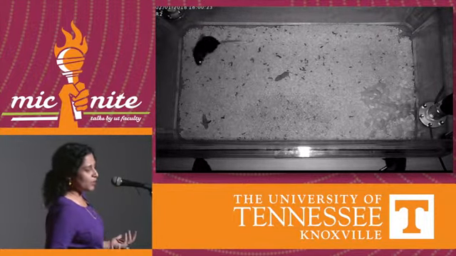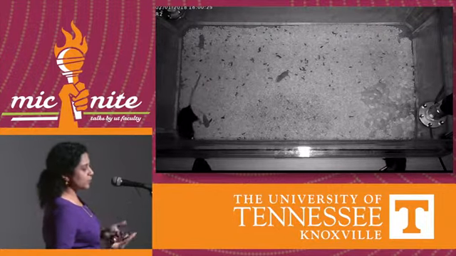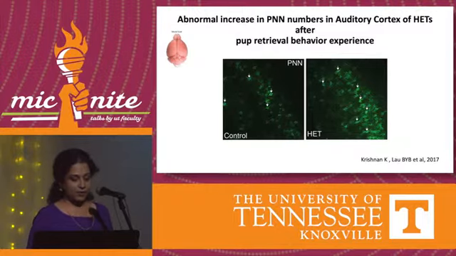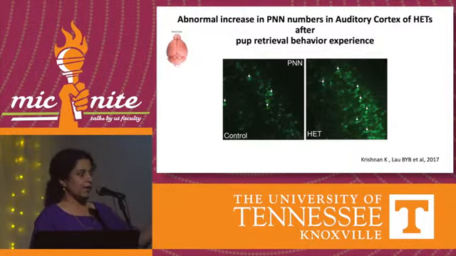So what are the neural substrates that are different between these two genotypes that allow for these differences in behavior? We previously found that there is a structure called perineuronal nets, labeled PNNs here, which are increased in expression in these het nanny mice. This is a microscopy image showing that abnormal increase in the het mice compared to the control mice.